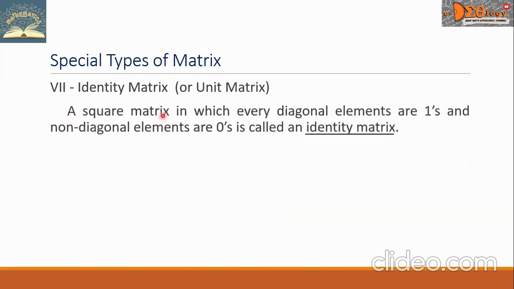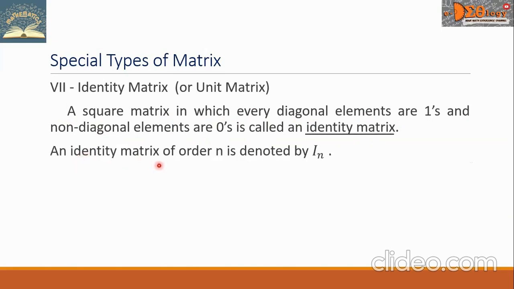Seventh type is the identity matrix or unit matrix. A square matrix in which every diagonal element is 1 and non-diagonal elements are zeros is called an identity matrix.